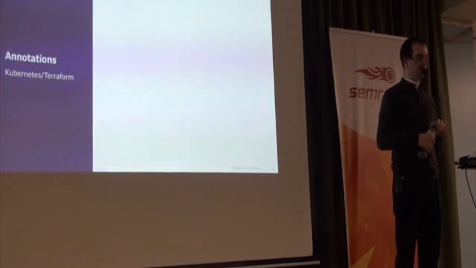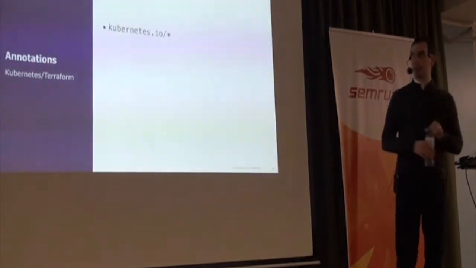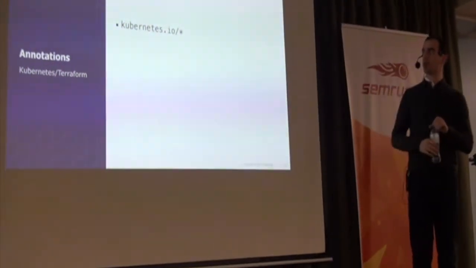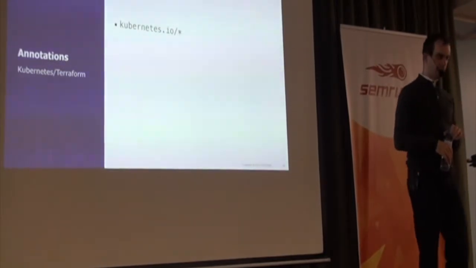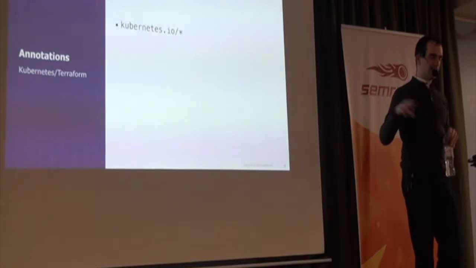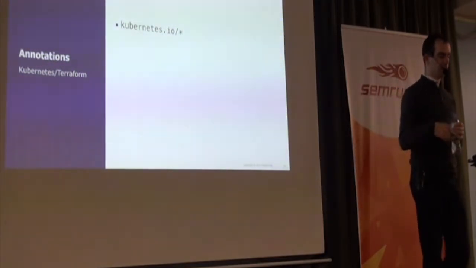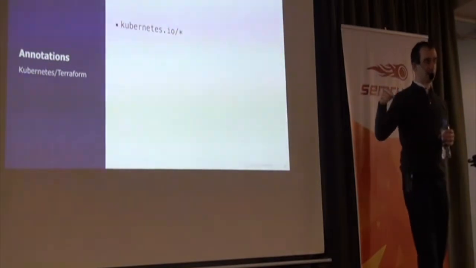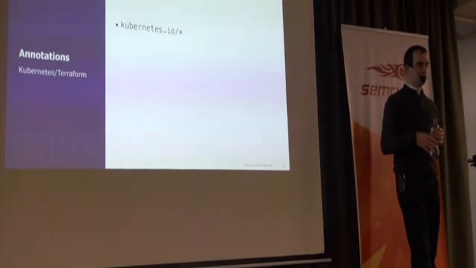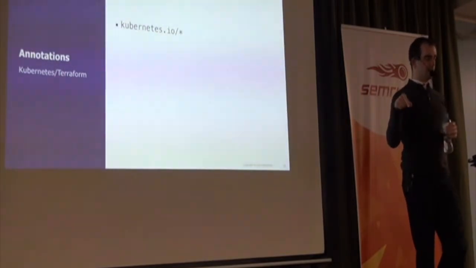But that's not the case for internal Kubernetes annotations. Kubernetes has these annotations, which begin with kubernetes.io. And in the Kubernetes world, these can be used to enable alpha or beta features, but they can also be attached by Kubernetes, the kubelet, to enrich some resources. Like, for example, to say what region or zone am I running in.